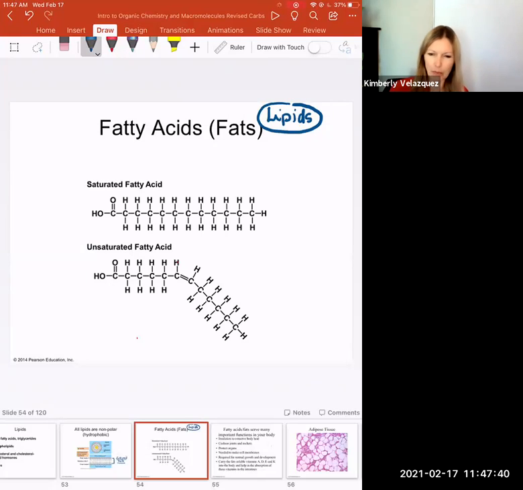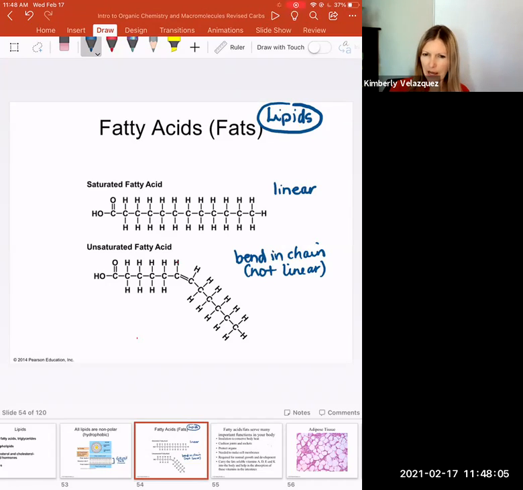So when you look at this top one, you can see the shape of it just goes straight across. We call that linear. This is a linear molecule versus this one has a bend in the chain or a kink in the chain. It's not linear. So that's one difference, just looking at the shape.